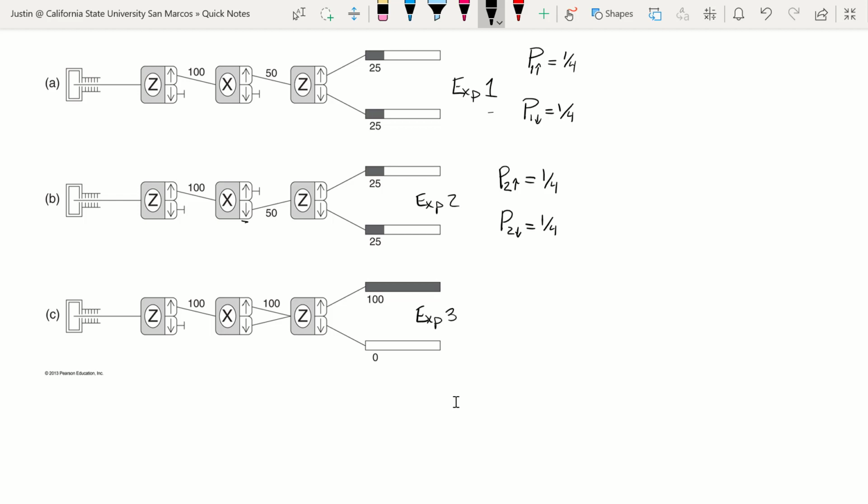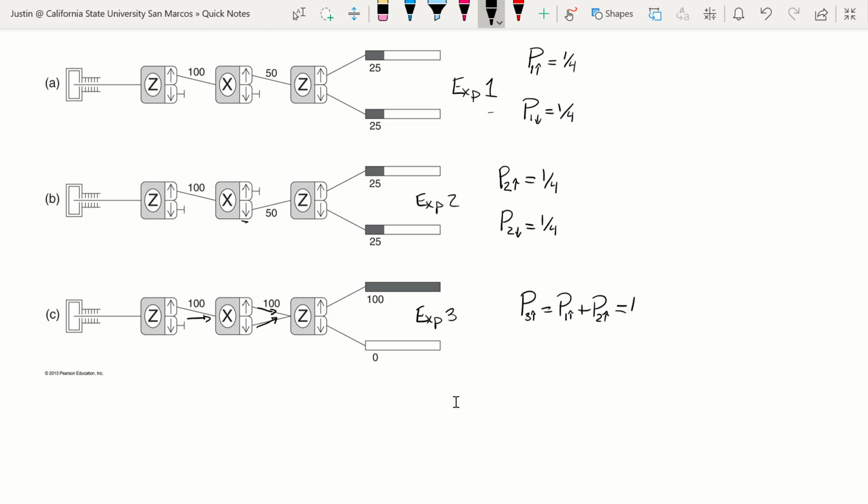So in the third and final experiment, what we did is we basically combined both experiment 1 and 2. You think about it, we have this beam with 100% of our particles going into X. We take both the outputs, the top one was experiment 1, the bottom one was experiment 2. If we put them both into our final Stern-Gerlach analyzer, what we might expect is the probability of experiment 3 measuring spin up should just be the probability of experiment 1 measuring spin up plus the probability of experiment 2 measuring spin up.